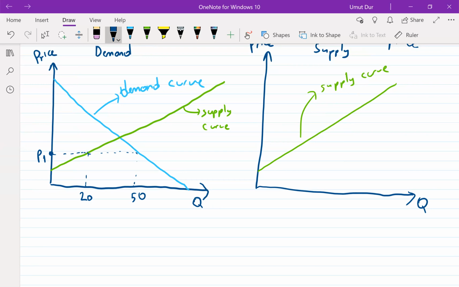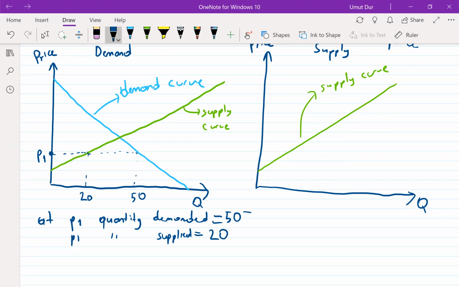Can P1 be the equilibrium price here? It cannot be, right? Because at P1, quantity demanded is 50, and at P1, quantity supplied is 20.